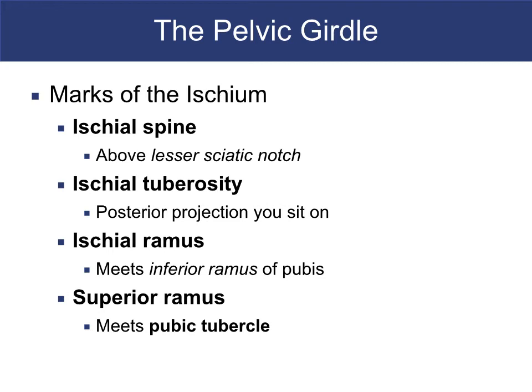Ischial ramus is this, the inferior ramus of the ischium, and here's the superior ramus. The inferior comes over here to meet the pubis, as it says there, and the ischium comes back this way.